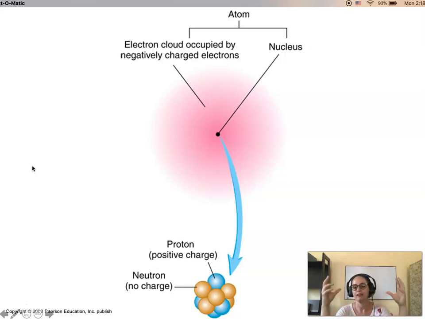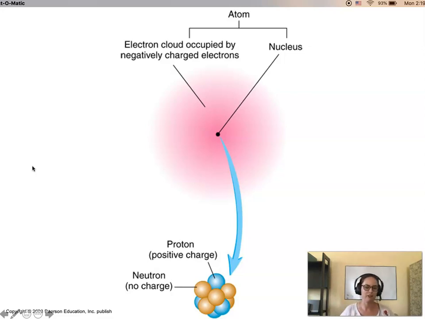The electron cloud, the electrons themselves are tiny. They are minuscule, so minuscule we don't even consider their mass at all, but they're moving very, very fast. I like that my hand is blurring right now because that indicates that we don't actually necessarily know where this electron is within this cloud at any given moment.